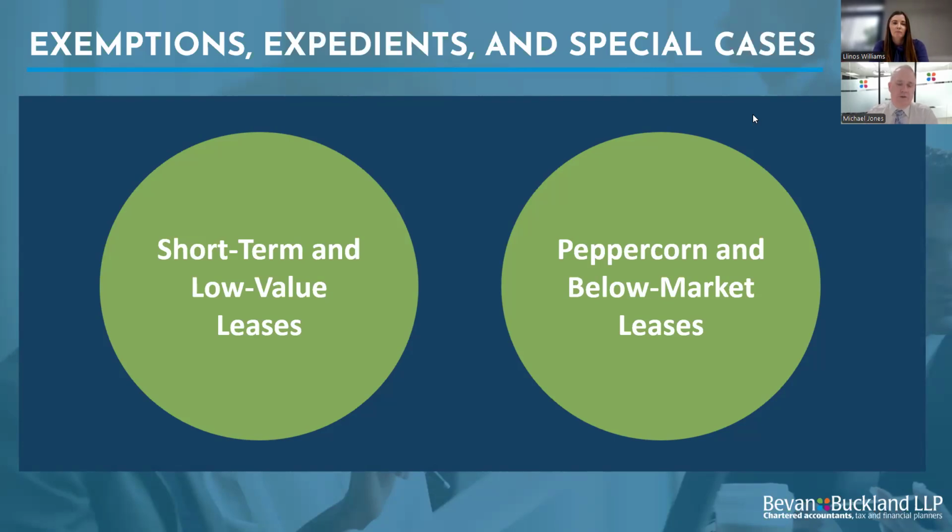But what you need to do is look at what you're leasing and what the value of that is, to agree whether it would meet the definition of low value. So if you can do the exercise, do the identification, please reach out to us. We can confirm either way whether it would be short-term or not.